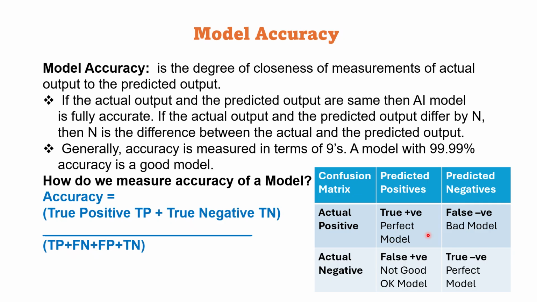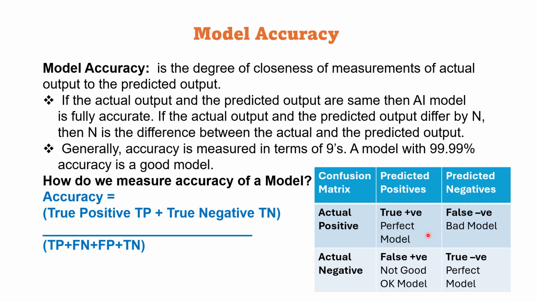Let us understand why the model is perfect and not perfect in the cells with an example. Let's say we have developed an AI model in healthcare to predict if the patient has cancer or not. A perfect model, that is true positive: the patient has cancer disease, and the model also predicted that the patient has cancer disease.